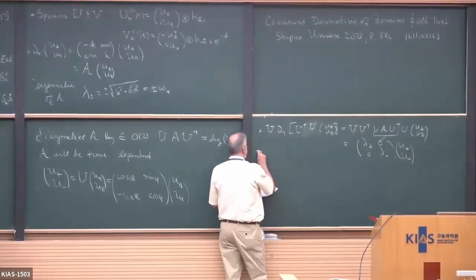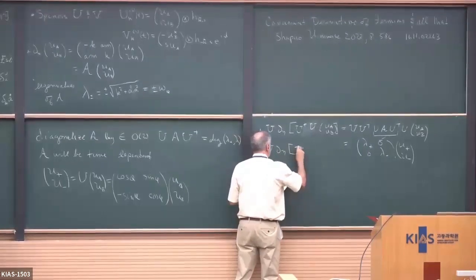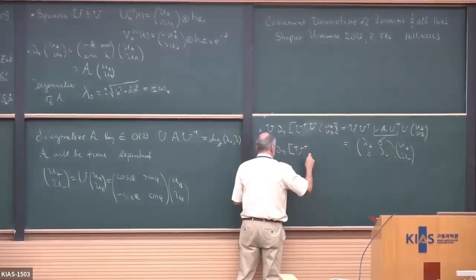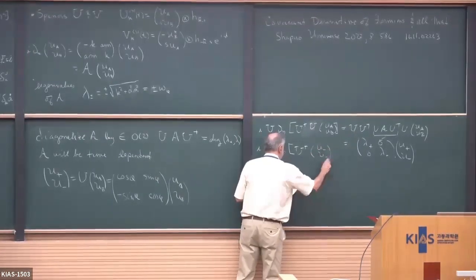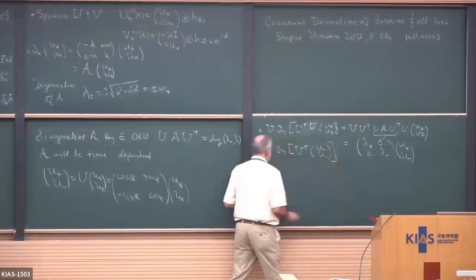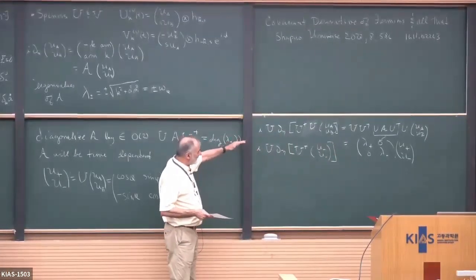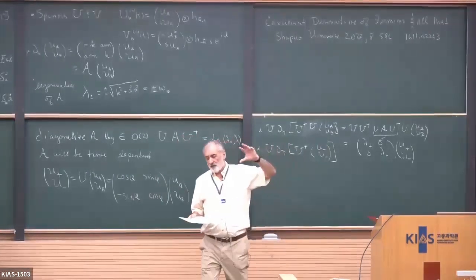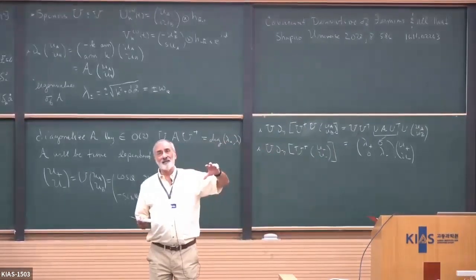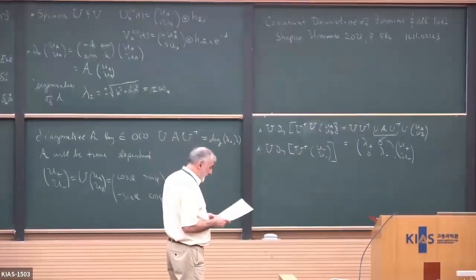So the left-hand side is A times U times d eta. And this is what we would have in the Minkowski case, except in Minkowski, the transformation to diagonalize A was time independent. Now it's going to be time dependent.